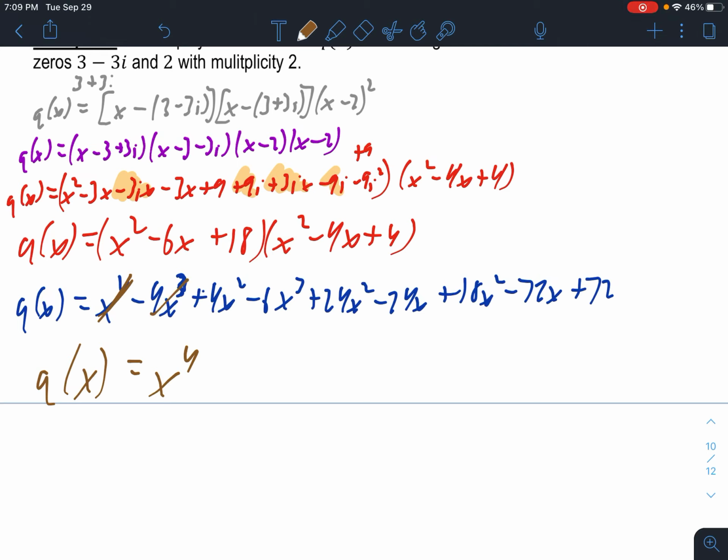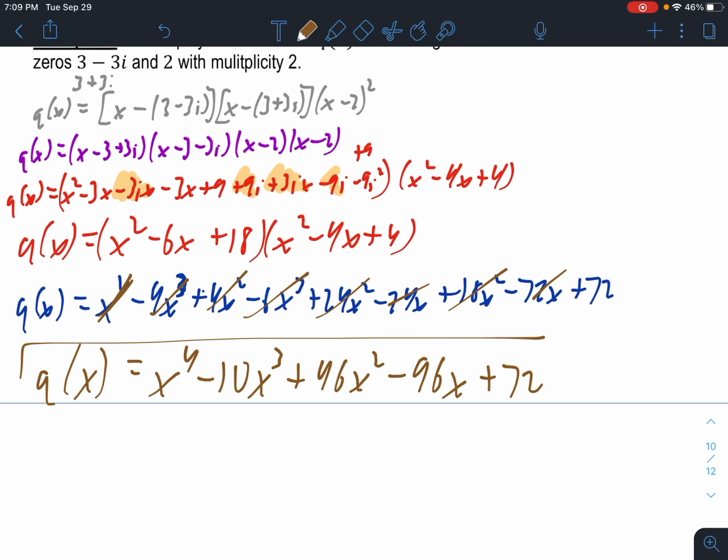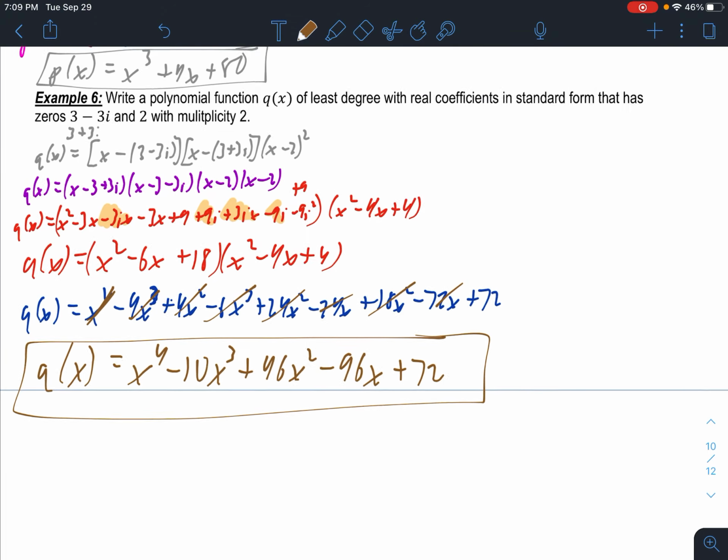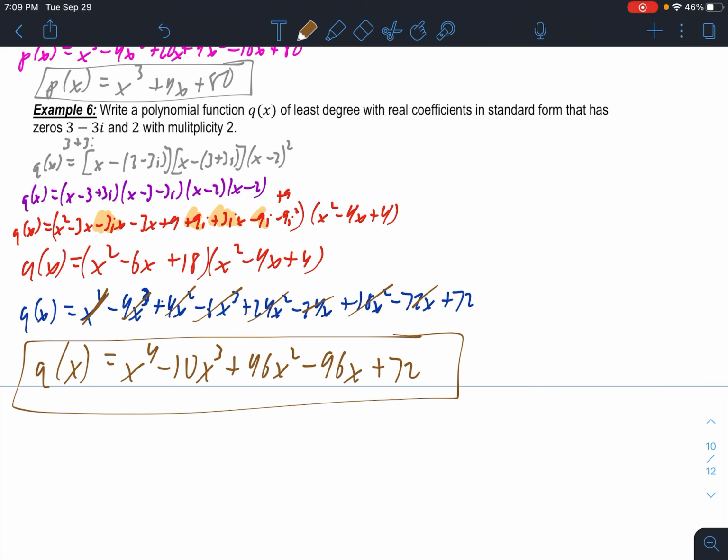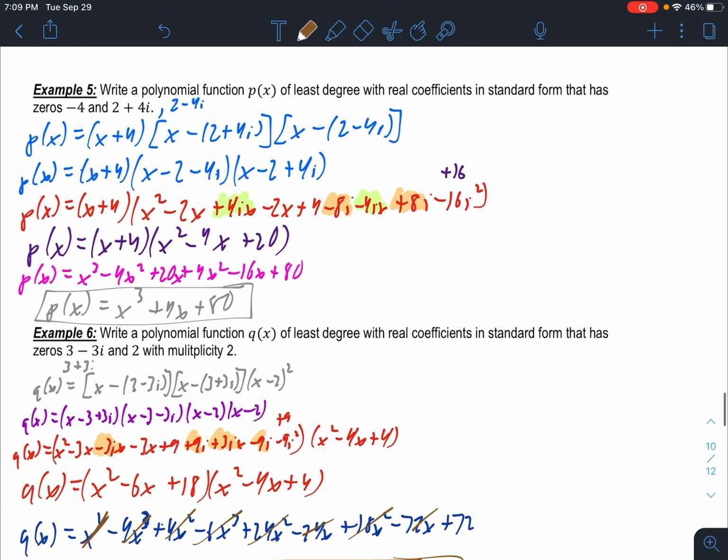Negative 4x cubed minus 6x cubed is minus 10x cubed. 4x squared plus 24x squared plus 18x squared is 46x squared. Negative 24x minus 72x is minus 96x plus 72. And that is the first 2 days of section 2.4.